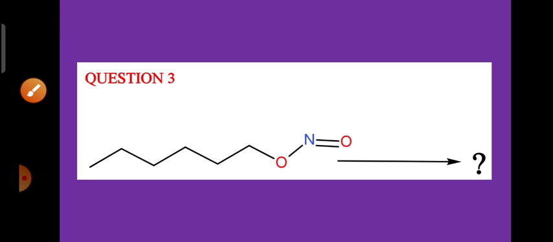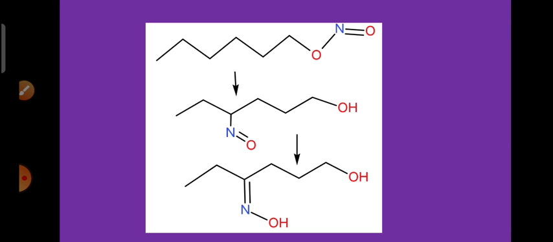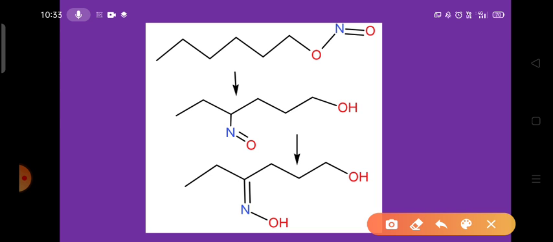Next, question number 3. It is a very simple question. Look here. To identify the product, we have to look at the delta carbon. This is alpha, this is the beta position, this is gamma, and this is delta.